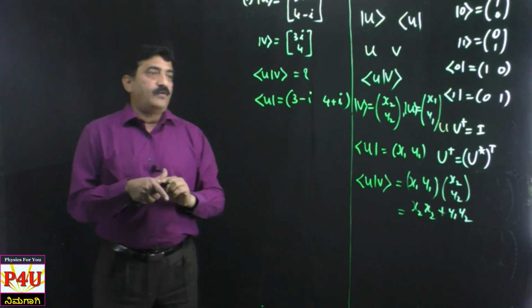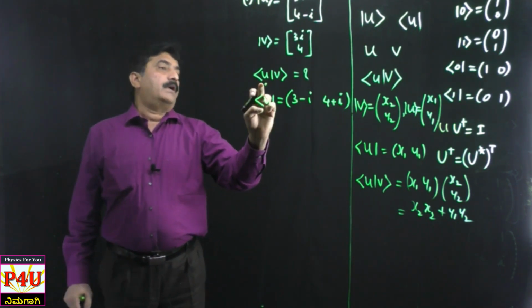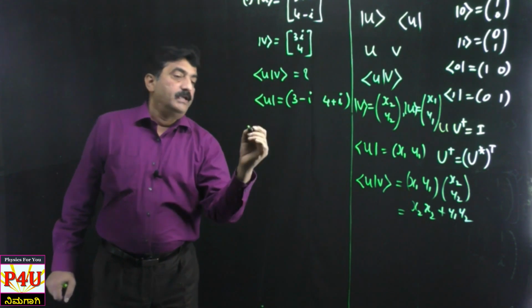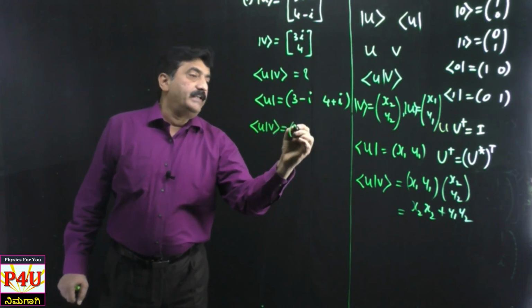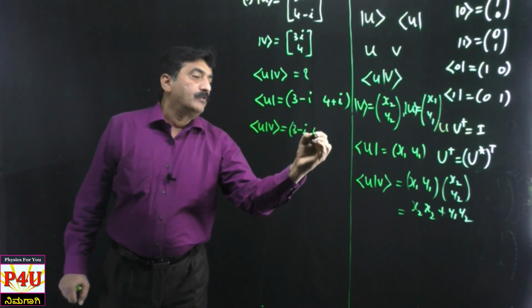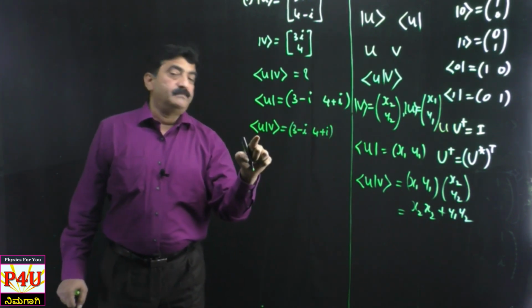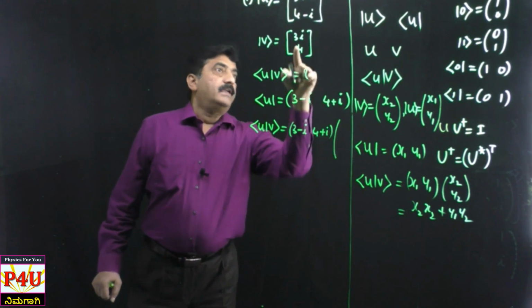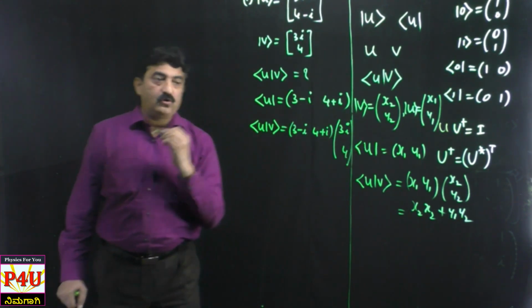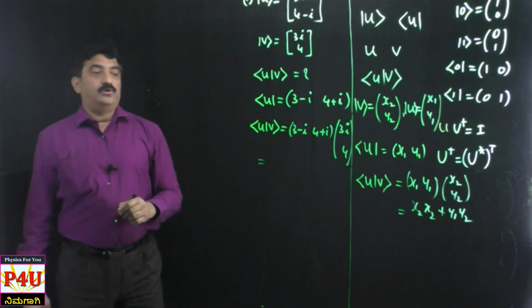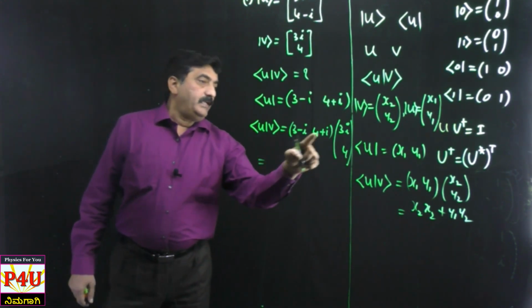So now it is in this form. Now find bra u into ket v, that is the u v inner product. It is 3 minus i, 4 plus i as my bra, and the ket 3i and 4 you have to retain as it is. That is equal to, solve it, this into this.